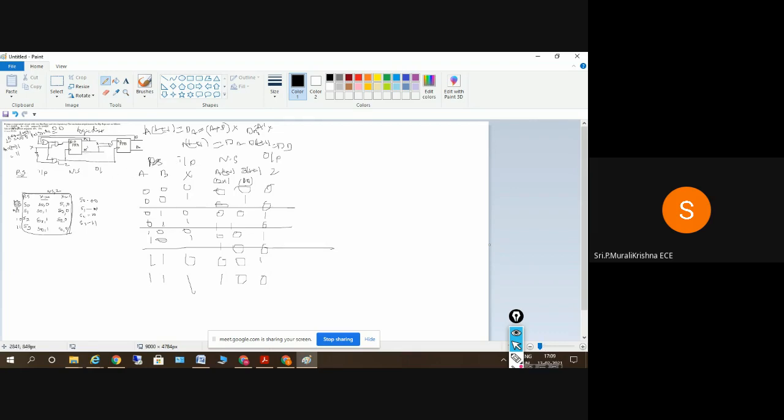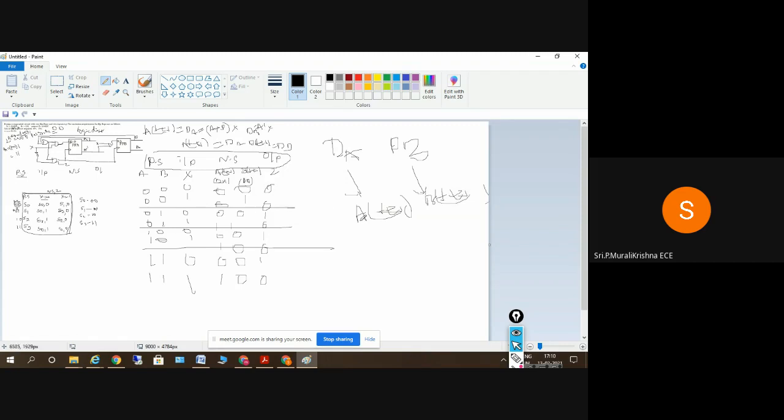Okay. So normally you follow this method: the present states, inputs, next states, and the outputs. And in case of D flip-flops, if you are given DA and DB values, remember that those are equal to A of t plus 1 and B of t plus 1.